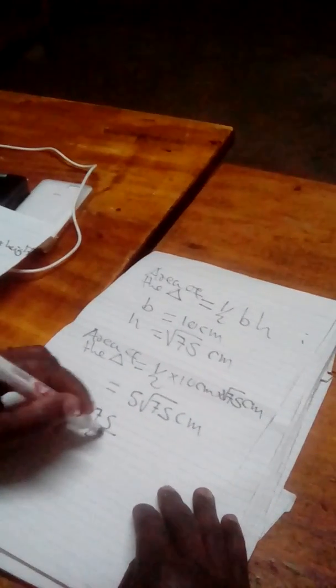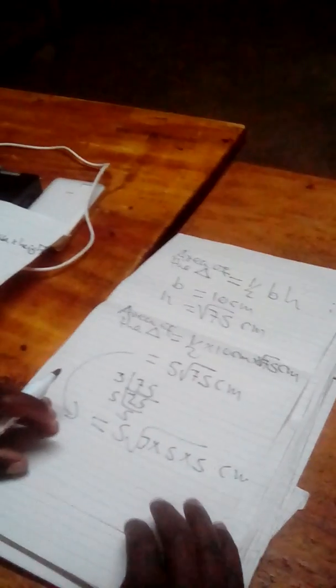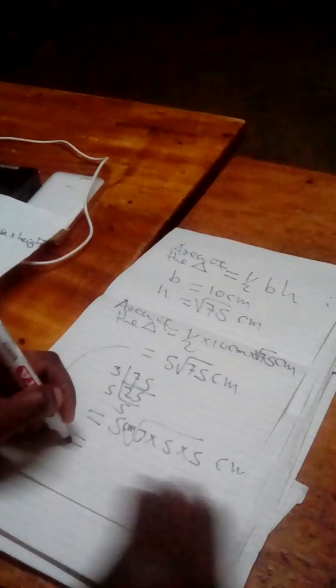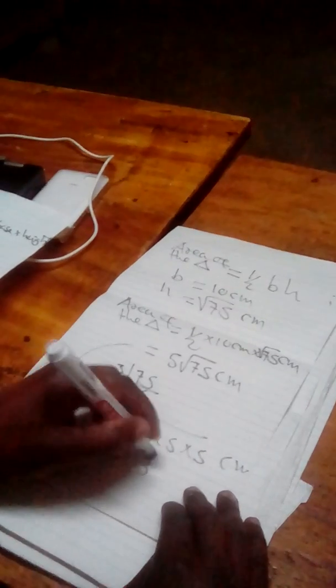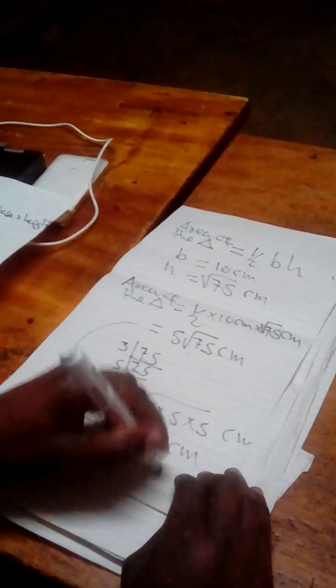This would be 3 times 25, that is 5 times 5. So this is going to be 3 times 5 times 5, and this is going to be 5 times 5 square root of 3, giving you 25 square root of 3 centimeters squared.